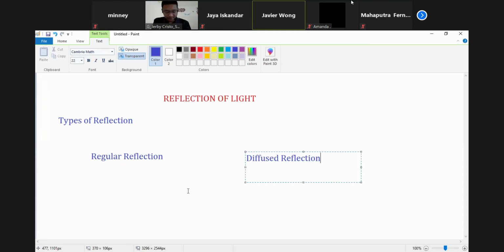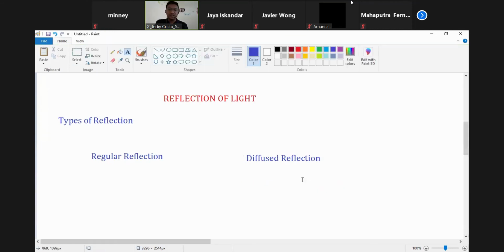Diffuse. Okay, yes, that is correct. So diffuse reflection occurs in a rough surface, while regular reflection occurs in a smooth surface.